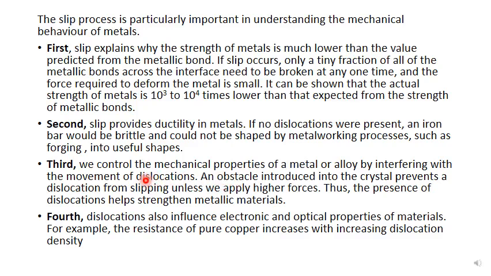But essentially, as a general overview, when we increase the number of dislocations, we strengthen the material. We increase the strength of the material. By decreasing the number of dislocations, we increase the ductility of the material or reduce the strength.